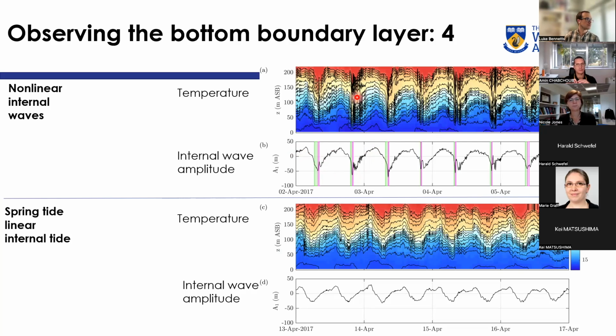And so you can see in this first period we have these very nonlinear waves, and in our record we had slightly more linear internal waves. Of course, they're not perfectly sinusoidal or anything. We can still see that they have non-linear properties, but generally the amplitudes and the frequencies are much smaller than what we've seen previously.